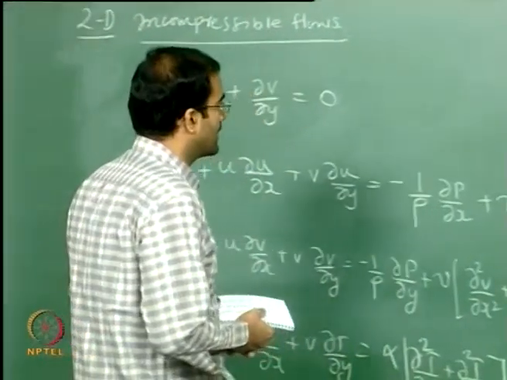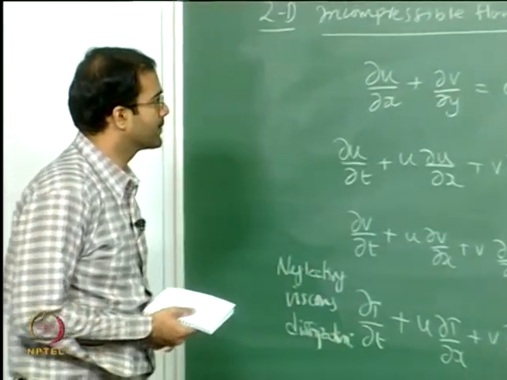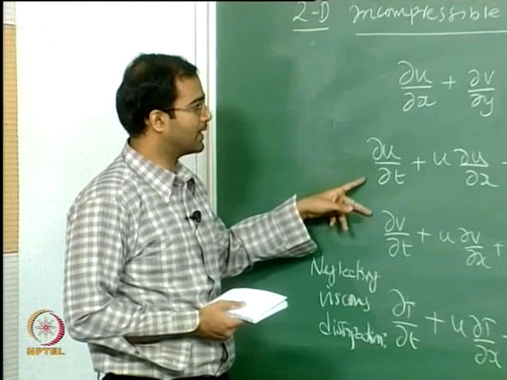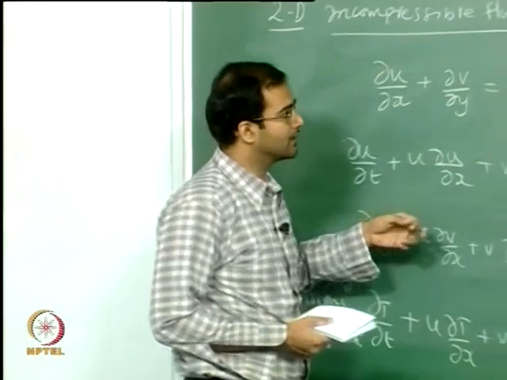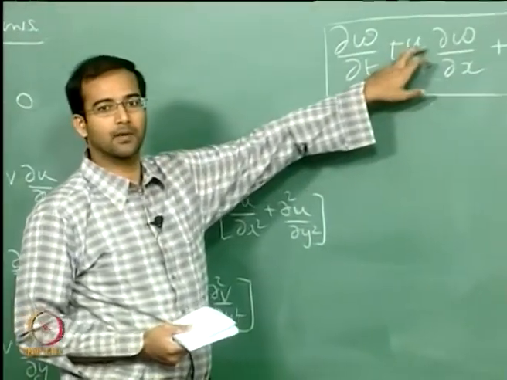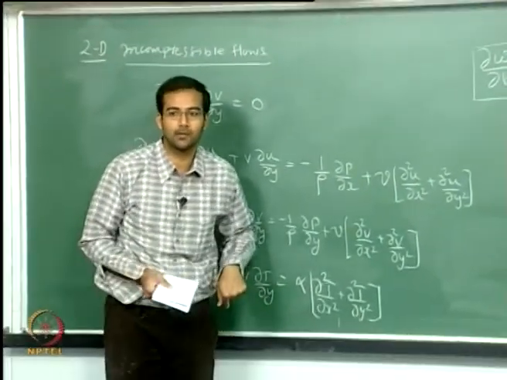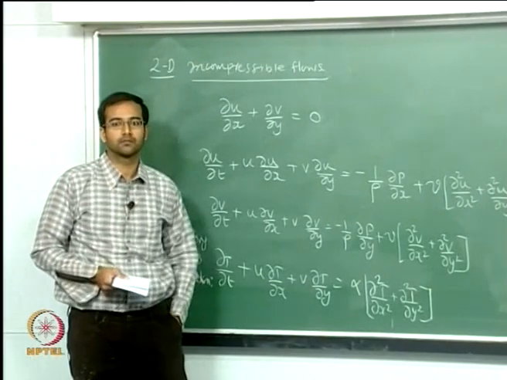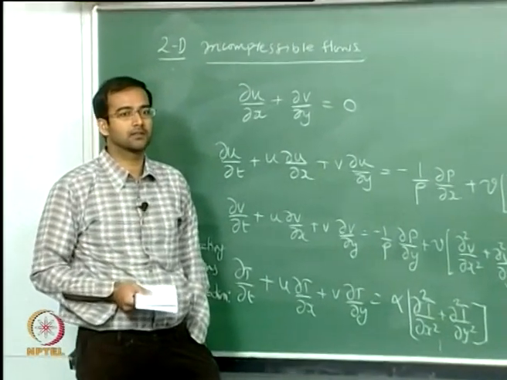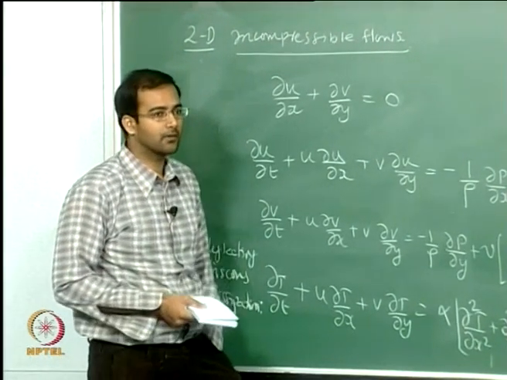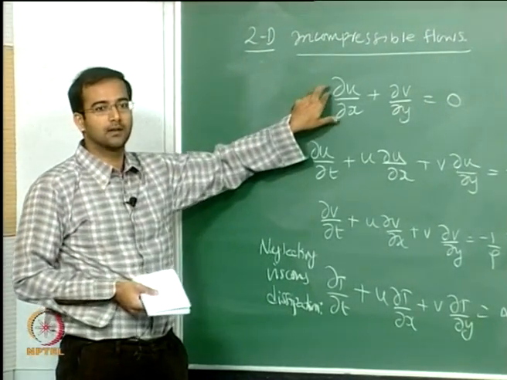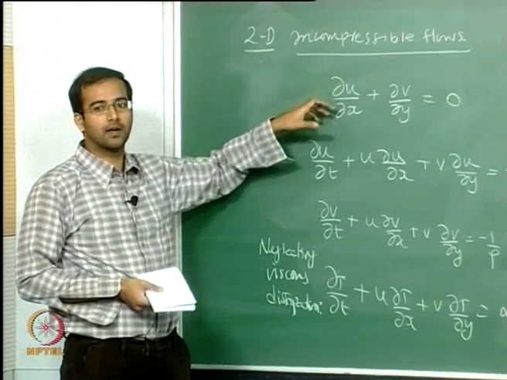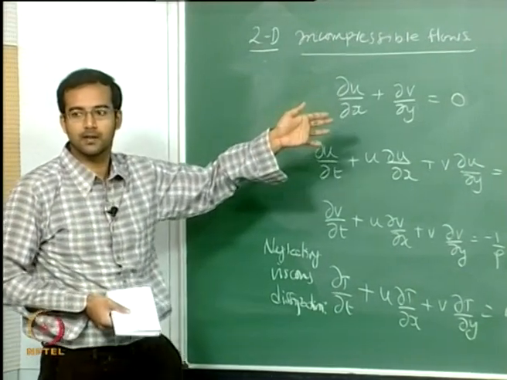Okay, now still we are not done because you have simplified the momentum equations, okay, but the thing is still you have your u and v velocities appearing here, okay, and we have to somehow eliminate them. Stream function. So how are we going to do? We have to define a function which automatically satisfies the continuity equation, and therefore you don't have to again solve for continuity separately, right?